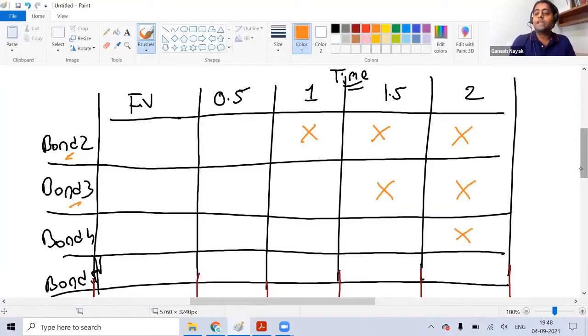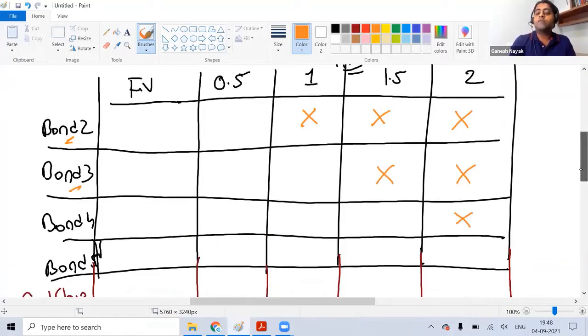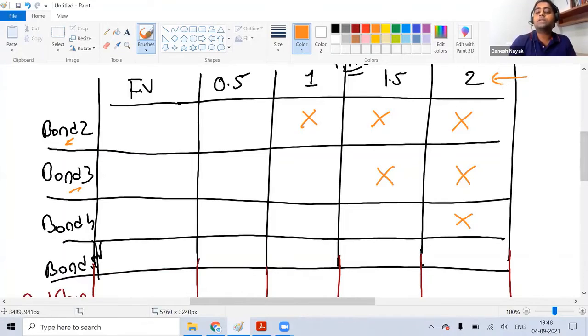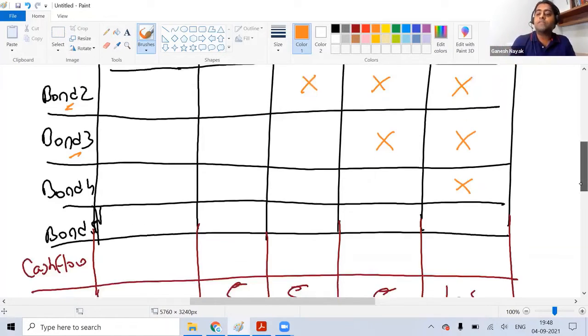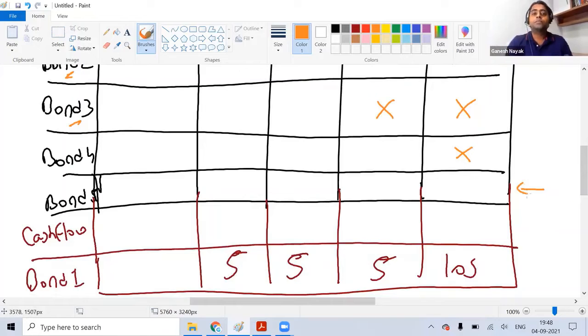So can we realize that if I want the second year cash flow to match exactly with the bond 1 cash flow, then I have only bond 5, which can help me, right? I hope everybody is good till here.